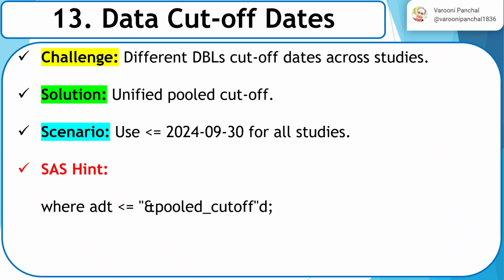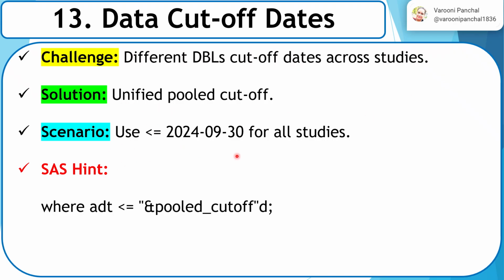So say number 13 is your data cutoff dates. Now the challenge here is there could be different database lock cutoff dates across studies. So say in some studies some cutoff was used, in some other studies it was not used, but in the rest of the studies some different cutoff dates were used. So the solution here is again to use a unified pooled cutoff, right?